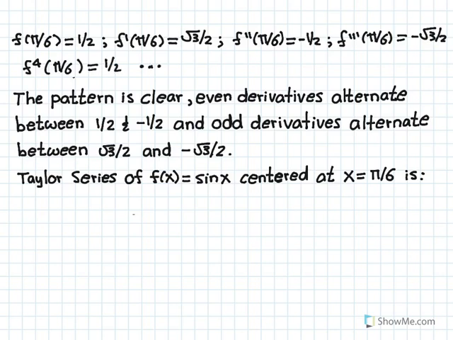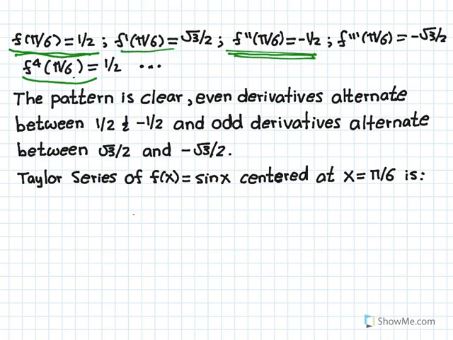Now, the pattern is clear. The even derivatives, that means f of pi over 6, f double prime of pi over 6, f fourth of pi over 6, f6 of pi over 6, f8 of pi over 6, all the even derivatives are alternating between 1/2 and negative 1/2.